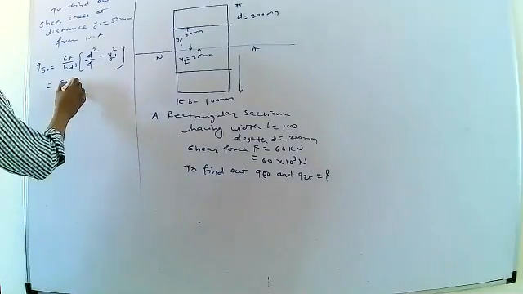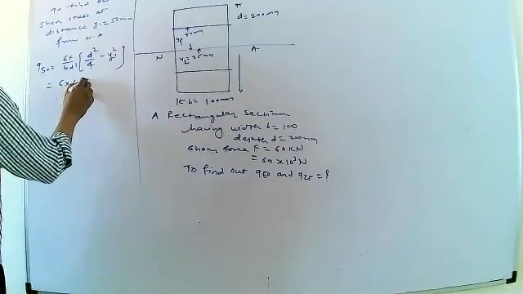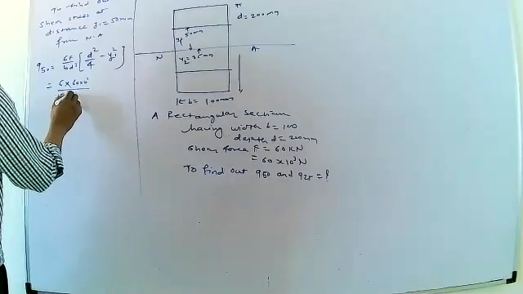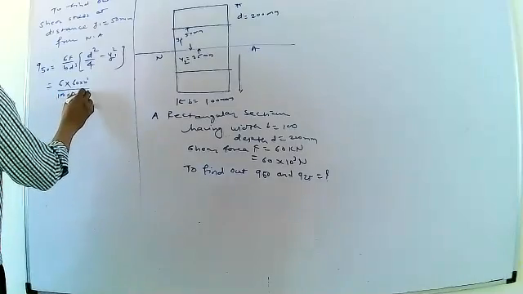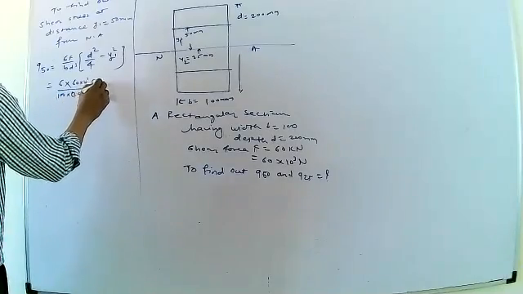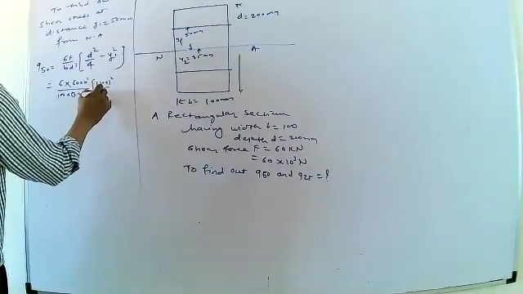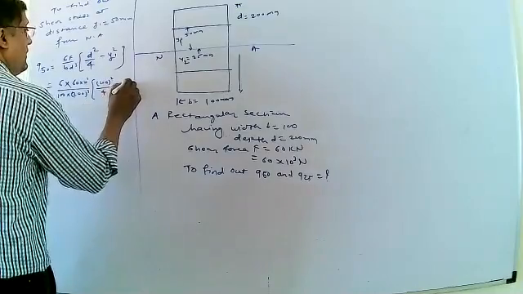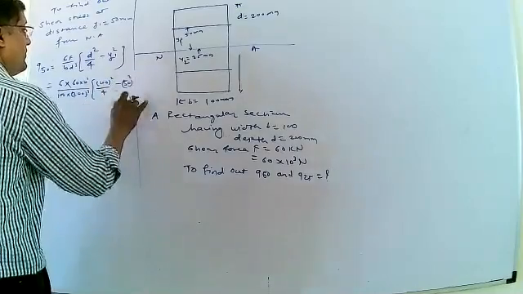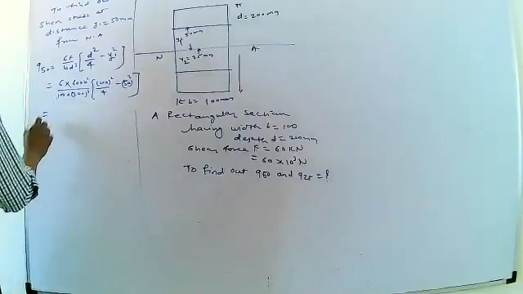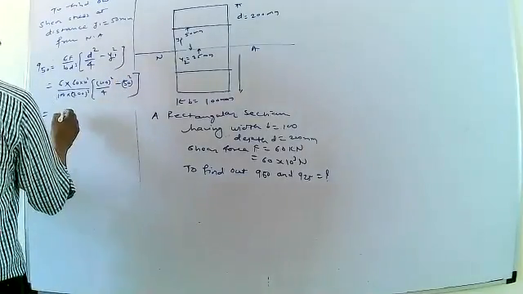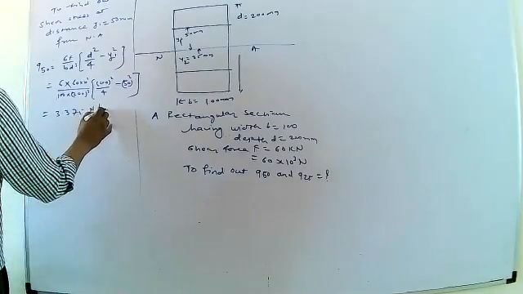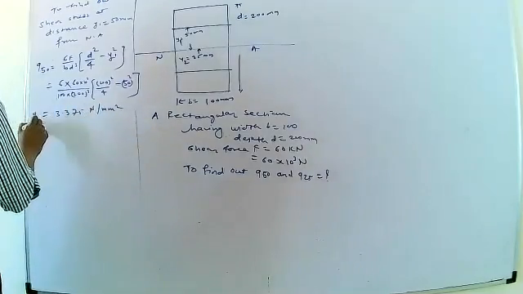Then we just put in the values. What is the value of F? 60 into 10 raised to 3. b is 100, into 200 cube, into 200 square upon 4 minus y1, 50 square. Then we calculate the value, which is 3.375 newton per mm square.